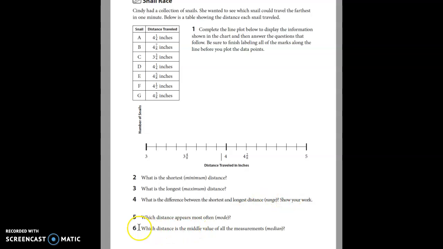Show your work. 5, which distance appears most often? That's the mode. And number 6, which distance is the middle value of all the measurements, and that's the median. If you forgot how to solve all of those, please go back and look at our slides because that is what you worked on today.